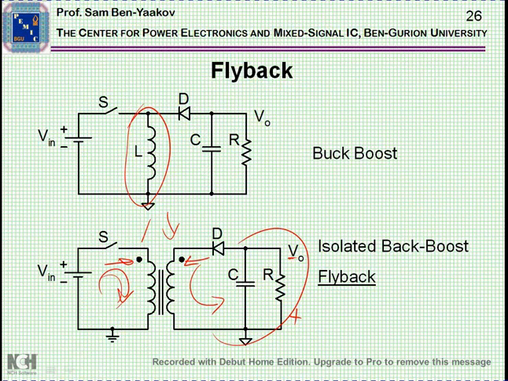This is, in fact, a flyback converter. We have a coupled inductor. We charge the magnetic element with energy, and then release it into the load with a second winding.